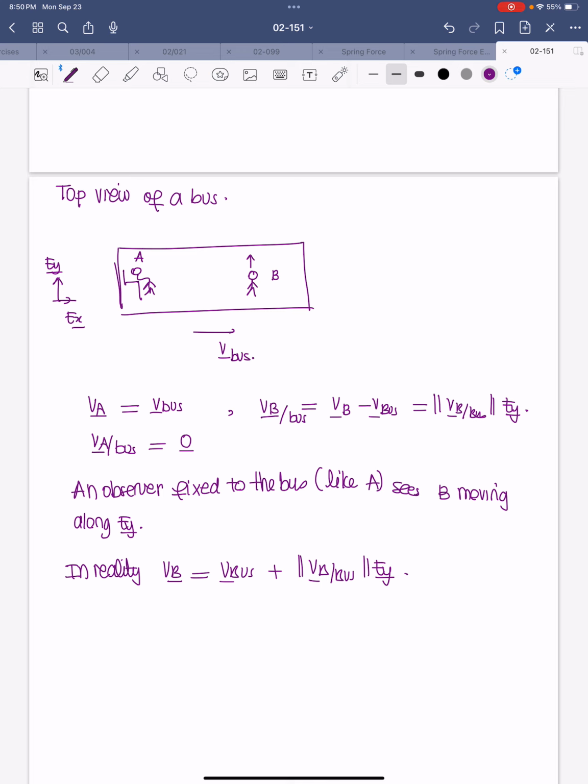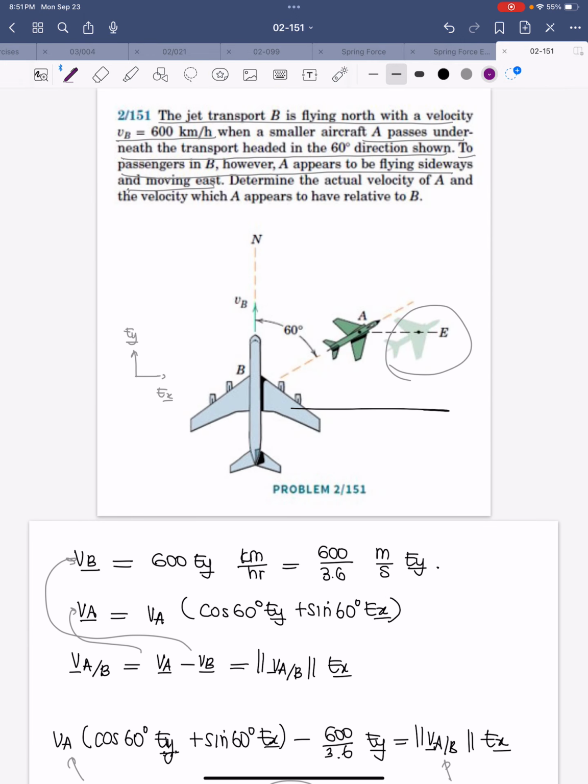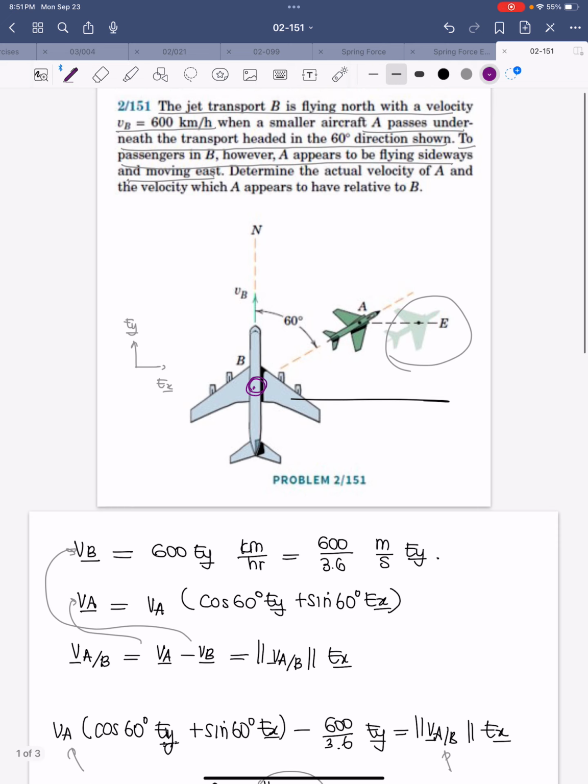B is moving along EX and along EY. The passengers in plane B see A moving sideways, but A is not actually moving sideways. A is moving with the velocity of the plane plus the sideways velocity that it's moving, which means that the velocity of A with respect to B, VA minus VB, is sideways.